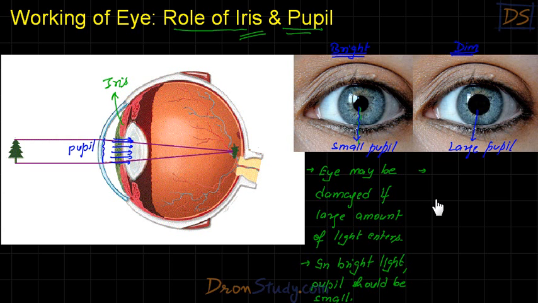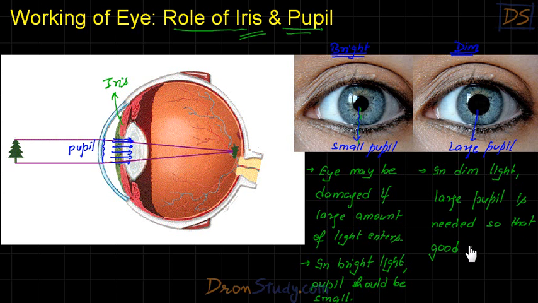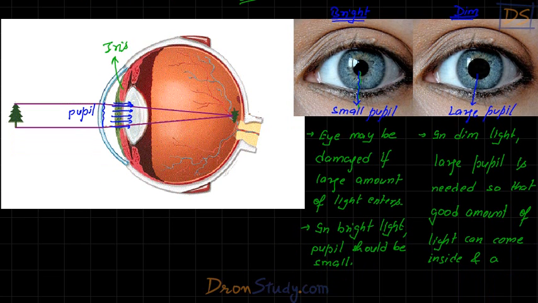You understand? So in dim light, a large pupil is needed, so that a good amount of light can come inside and a clear image is formed on the retina.